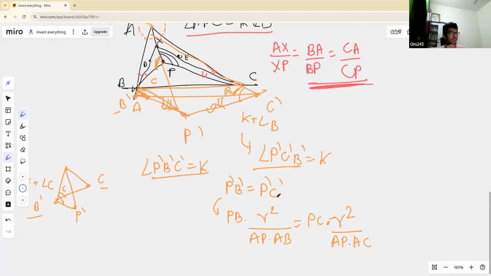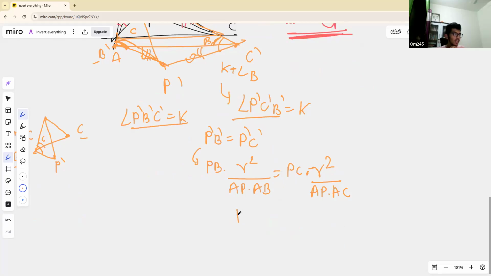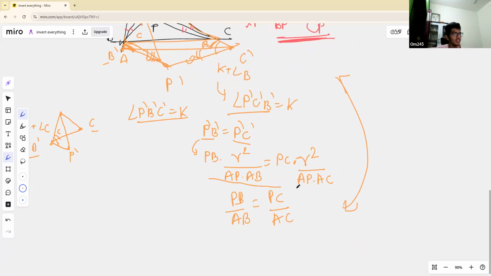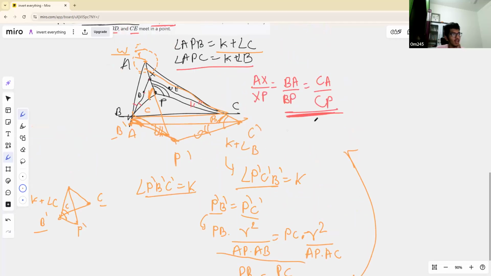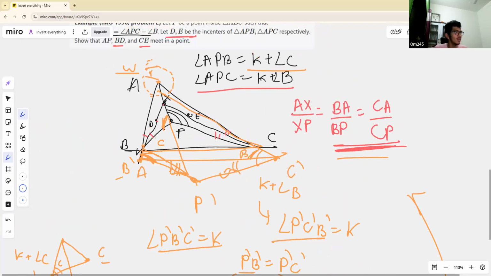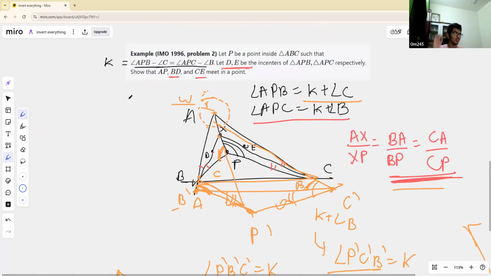Now R square cancels, AP cancels, and we get PB by AB equal to PC by AC, which is equal to this. So we find that P dash B dash equals P dash C dash. We do this length condition, we get this ratio. And as we get this ratio, if you consider the angle bisector of this intersecting at X, then by the ratio condition, the angle bisector of PCA should also intersect at X. And so we are done.